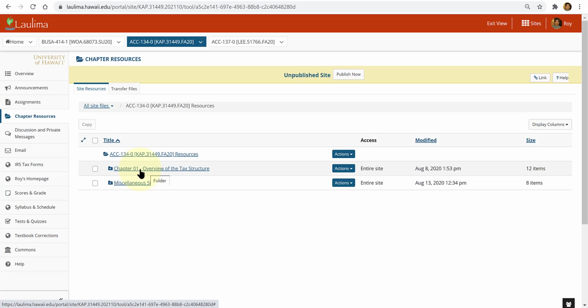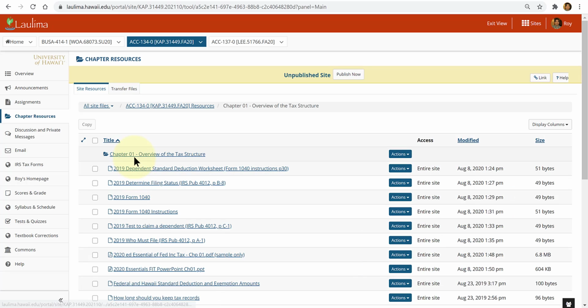So far I've just opened up this chapter number 1. Within that subfolder you can see lots of links, one of them being this one with the extension PPT for PowerPoint. If you download the PowerPoint file, you can see even more detail to the slides than what I'm going to be covering in the video lecture.